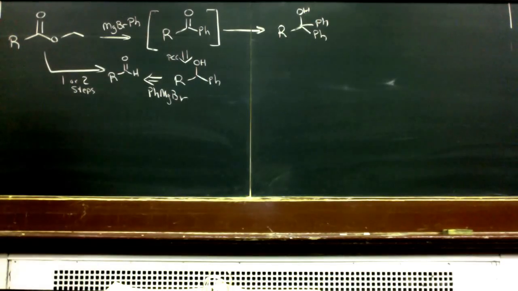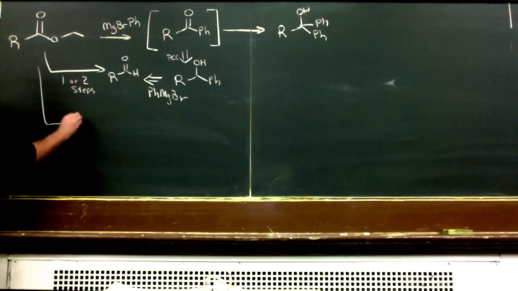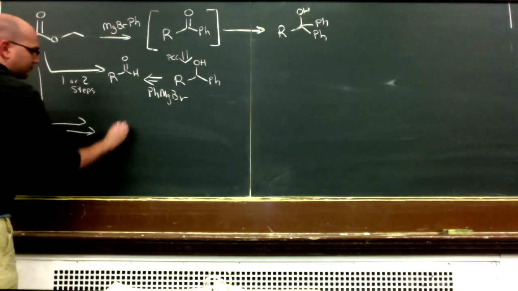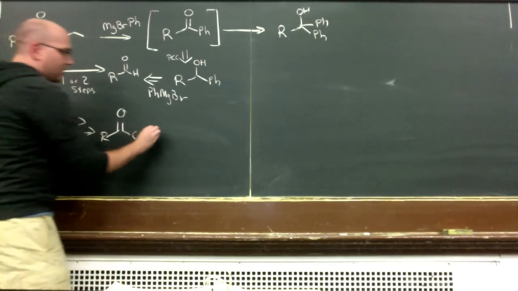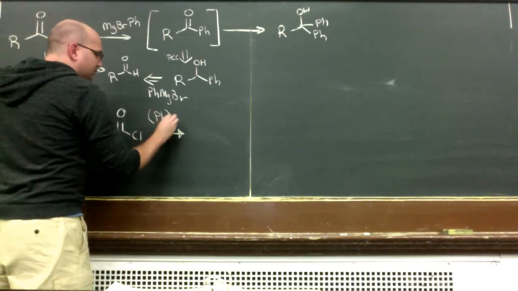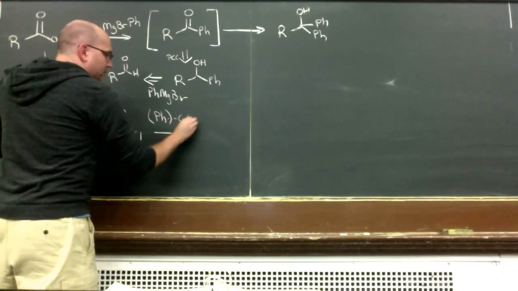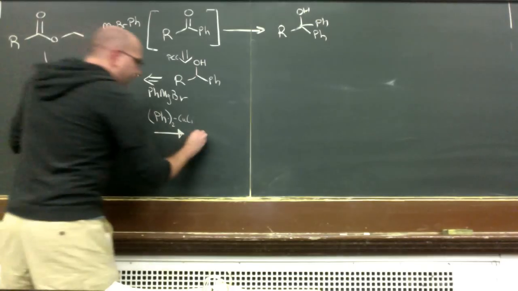So if you instead went to the acid chloride, then what you could probably do is use the phenyl Gilman reagent, and that would get you to the phenyl ketone.